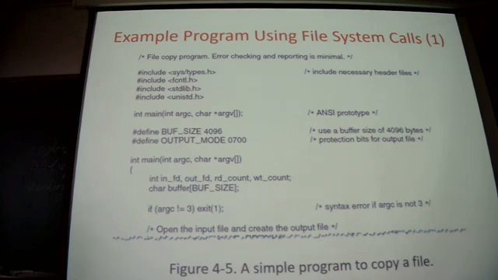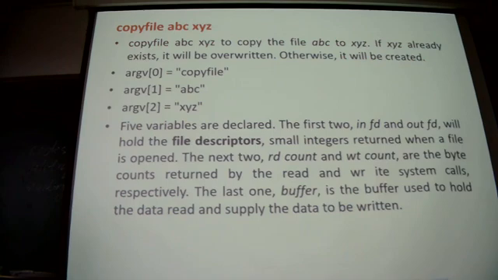Otherwise, we should open the input file ABC, because we want to copy ABC to XYZ. So we first open the file ABC, and then we check whether XYZ exists. If not, we create XYZ. If yes, we just open XYZ.